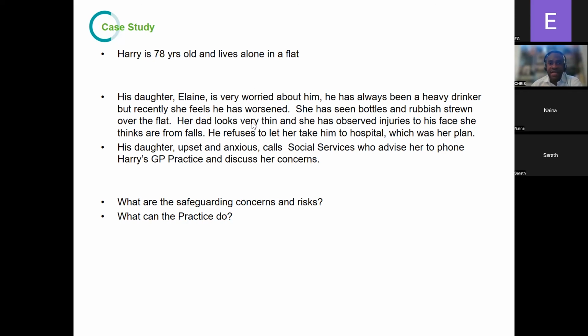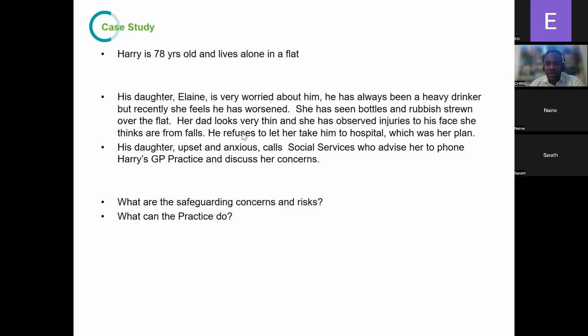Another risk factor is that it says the daughter, Elaine, has seen bottles and rubbish thrown over the flat. Who threw them? Was it Harry himself who threw them? Or was there a fight and they were thrown? That's another thing. You can't tell who was involved in throwing those things.